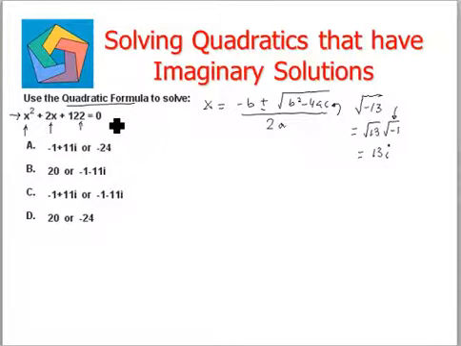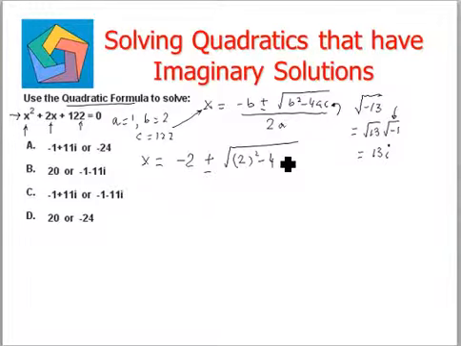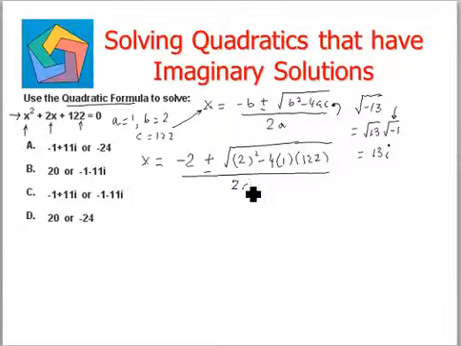So looking at the first one, we are given a is 1, b is 2, and c is 122. We'll plug these values in our quadratic formula and we get x equals negative b plus or minus the square root of b squared, that is 2 squared, minus 4 times 1 times c, which is 122, divided by 2a, that is 2 times 1.